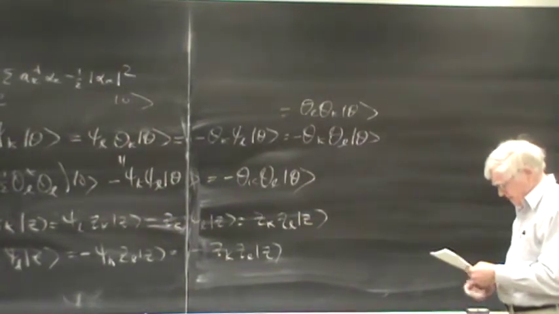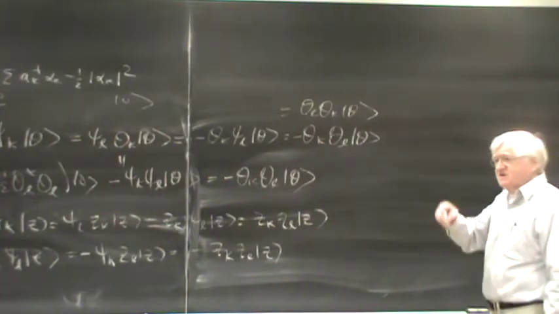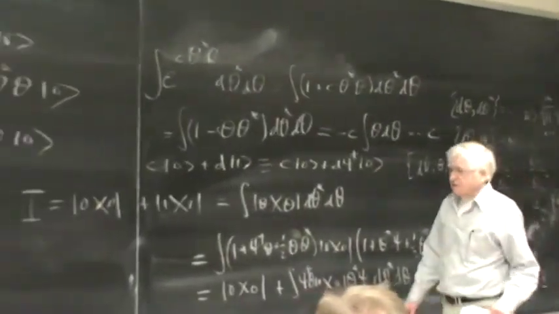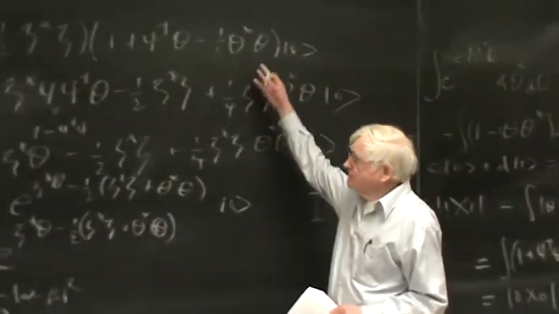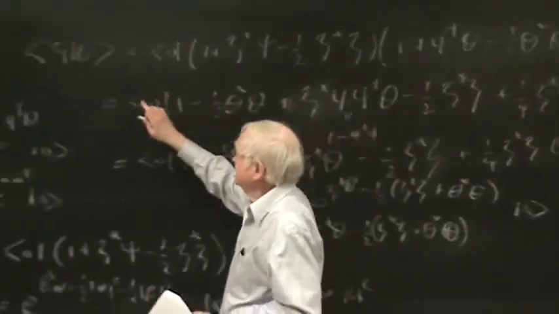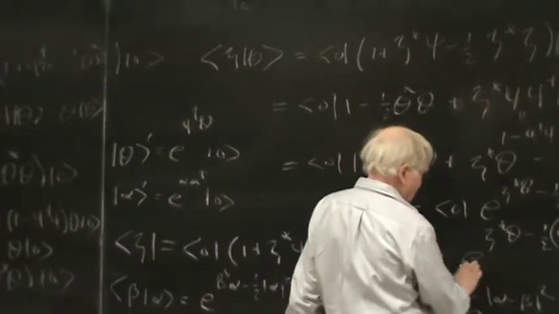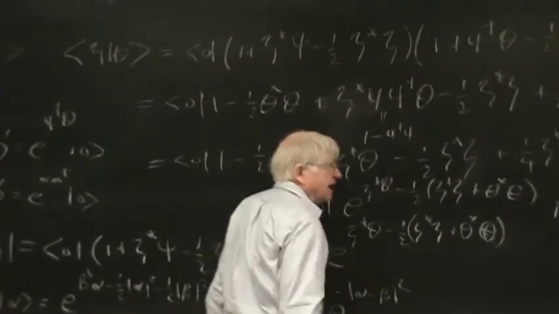All right. Now, we derived in detail what the inner product of two fermionic coherent states was. We saw it was this.